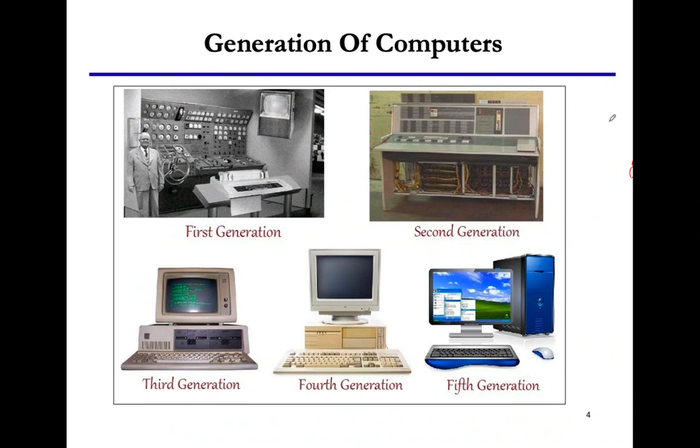So these are the advantages over your first generation. You can clearly see in the picture that the first generation is occupying the entire room, whereas the second generation is reduced and made up of transistors.